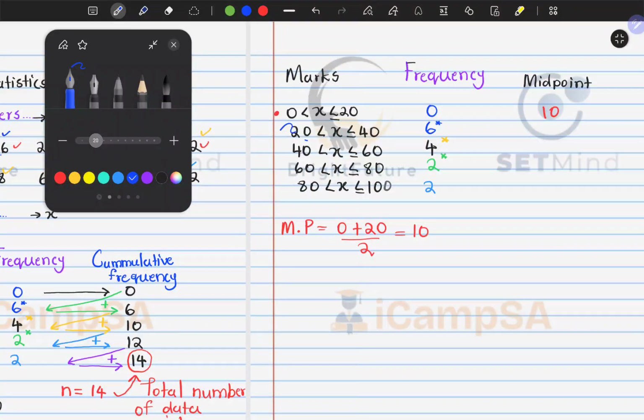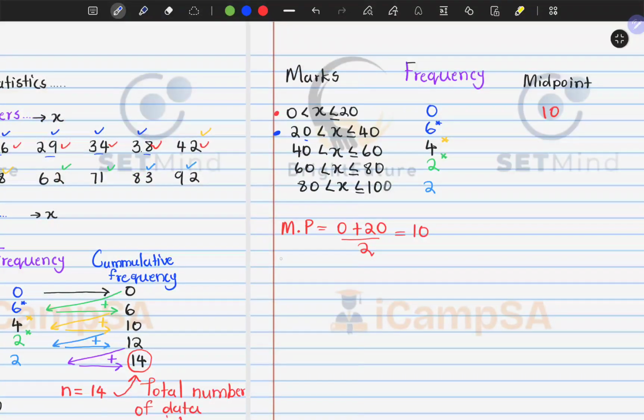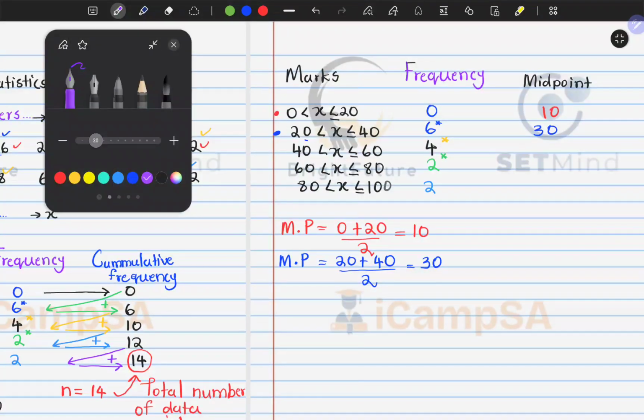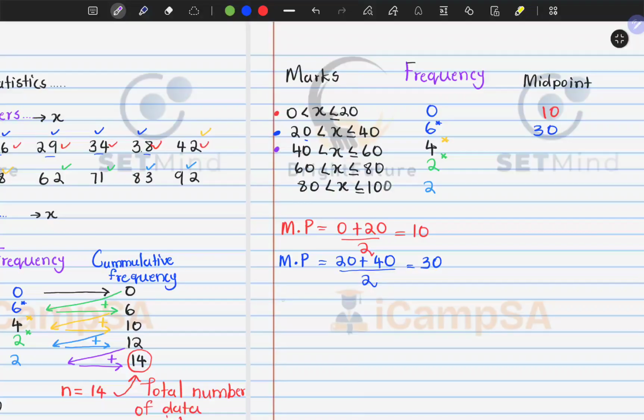Okay. Then let's go for the second one. Our midpoint will simply be 20 plus 40 divided by 2. If you observe carefully, that becomes 30. So I can put in 30 here. And let's go for the next one. Our midpoint will be 40 plus 60 divided by 2.